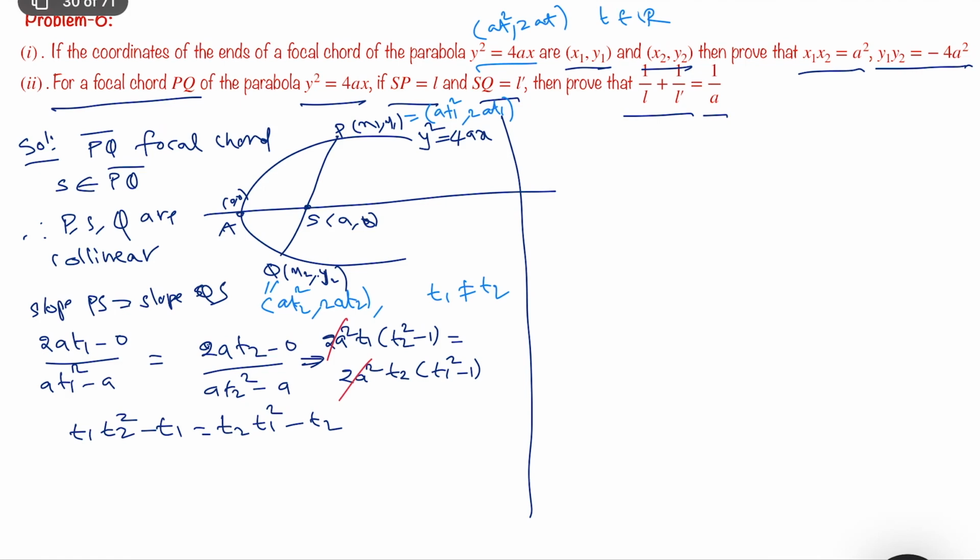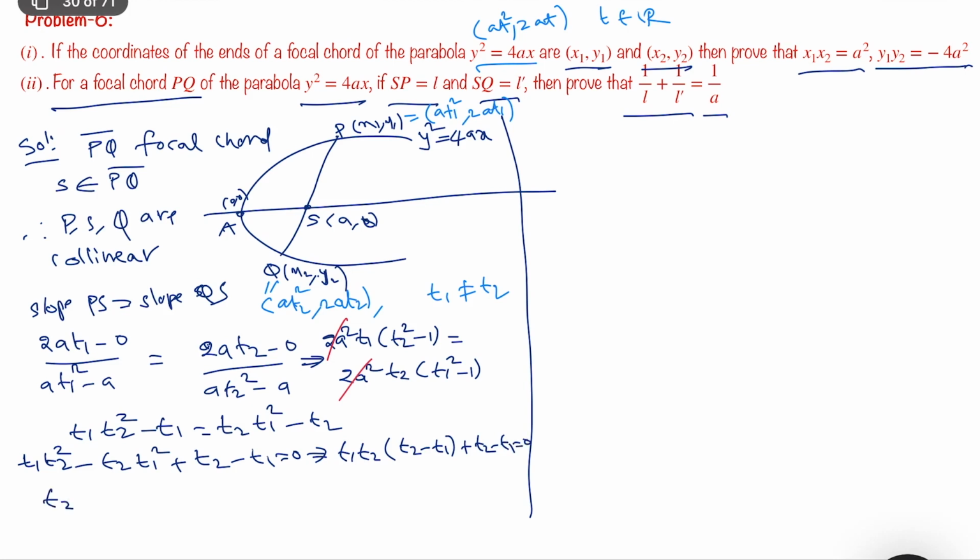If I bring everything to one side, then I can write t1t2² − t2t1² + t2 − t1 = 0. Then if I take t1t2 common, we can write t1t2(t2 − t1) + (t2 − t1) = 0.